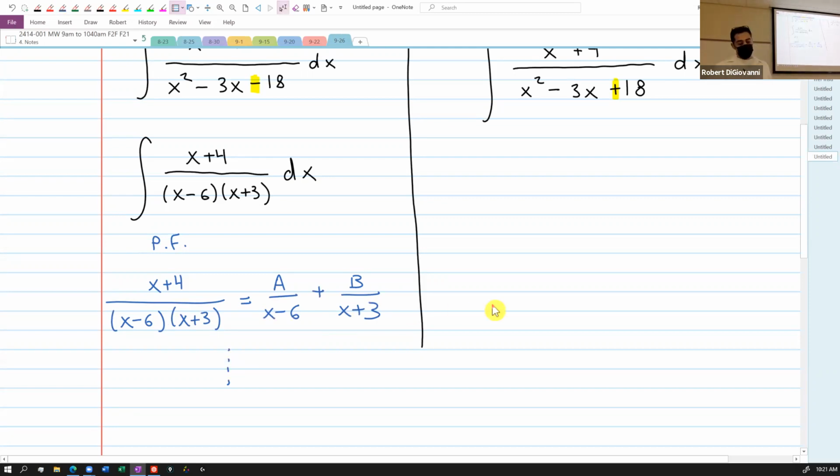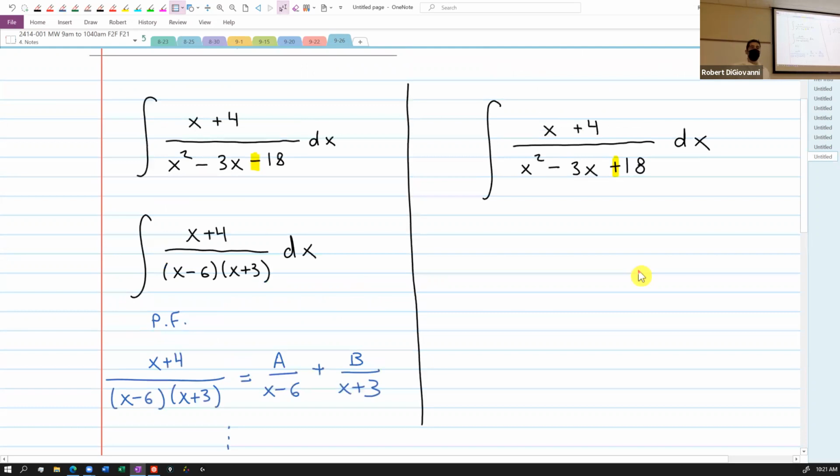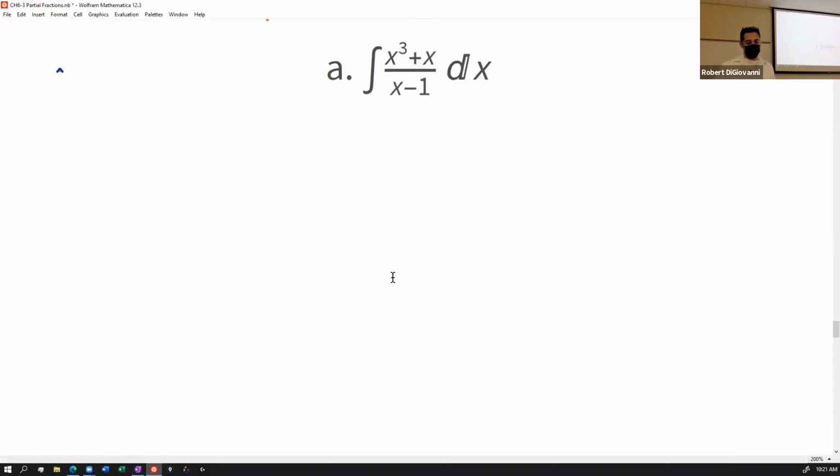How is that different than this one? Well, you can't factor the bottom, all right? You cannot factor the bottom. So how do we do that? Can we do it? Let me take you back to last class.